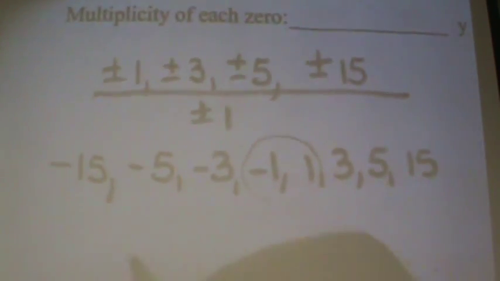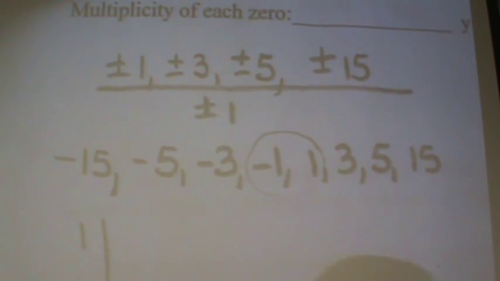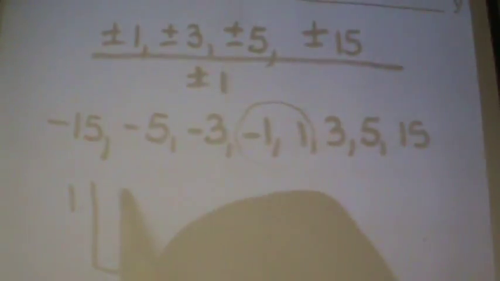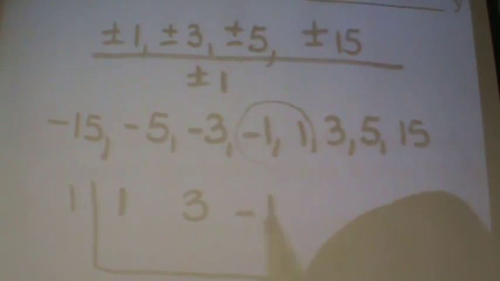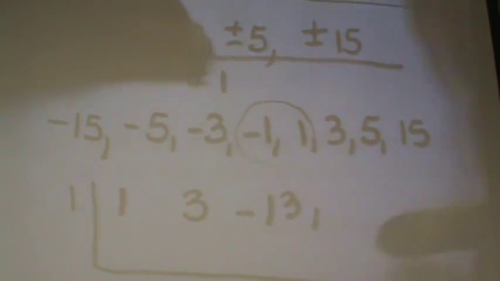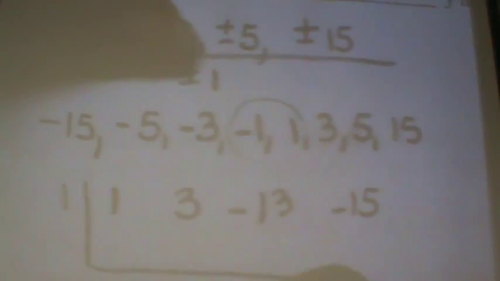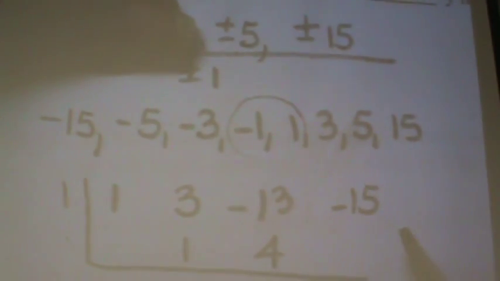So let's start with 1. Hopefully 1 will work. We're going to put 1, 3, negative 13, negative 15. Bring down the 1, add, and that does not work.